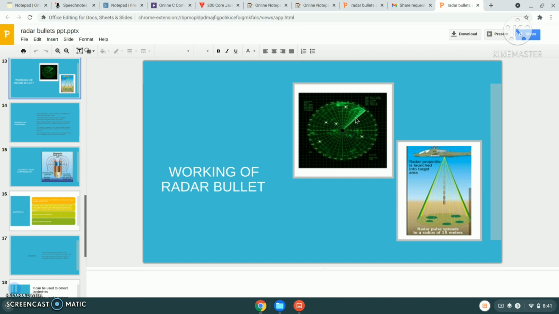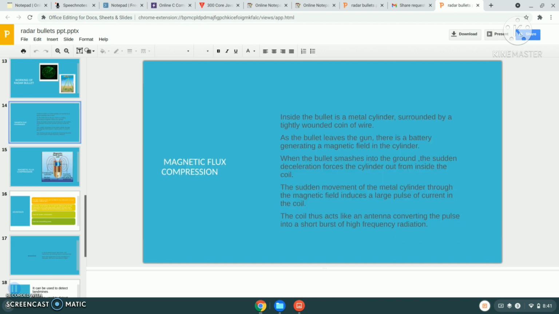This is the display of landmines present within a distance of 15 meters. So it works on the radar principle. It transmits the radar pulses, hits the ground, and reflects the signal, that is, detection of landmines on the computer which is present in the helicopter.